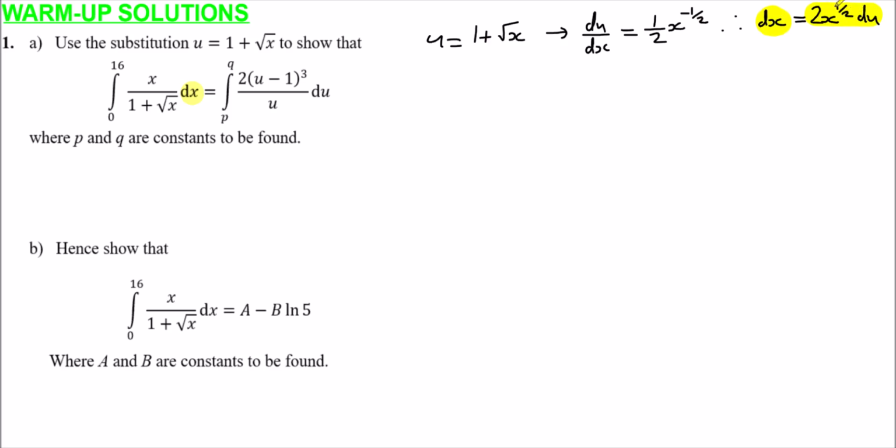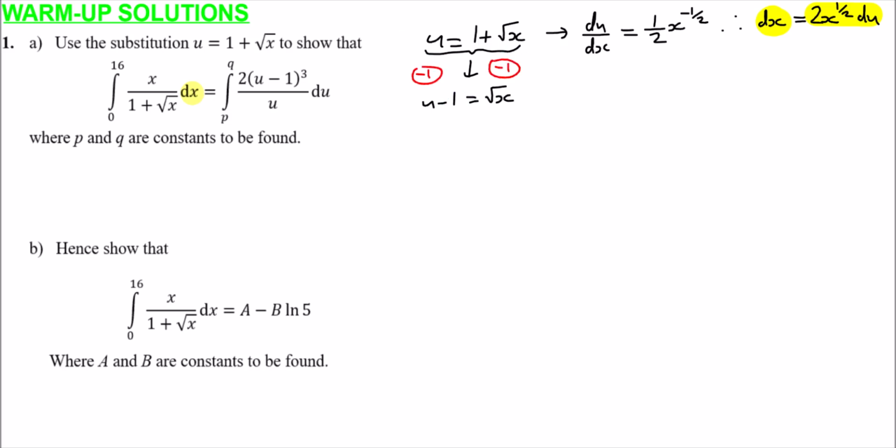Next, we need to consider the fact that x isn't given in terms of u. Once I know that u is 1 plus root x, if I were to square this, I can see that u squared, whoops, actually no, I won't do that. If I subtract 1 from both sides rather, I see that u minus 1 equals root x. That's a better move, actually.